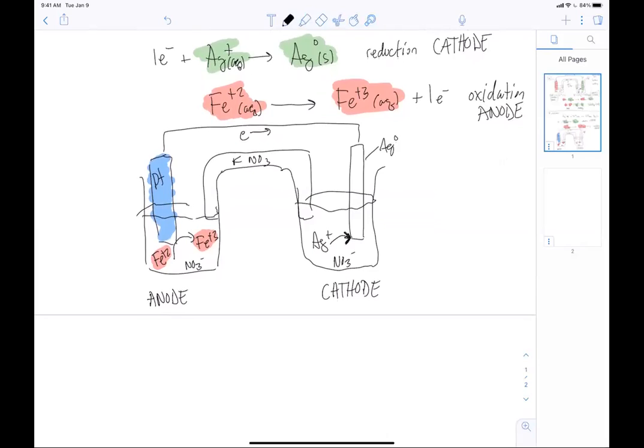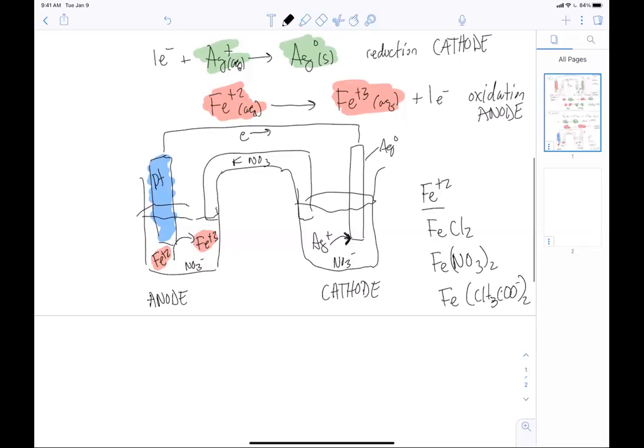Let's say you want to buy iron 2 because you're doing a reaction with iron 2. If you go on a chemical website like Sigma Aldrich, what you'll see when you look it up is you can't just buy iron 2. There are all these different salts of it. I can buy iron chloride, I can buy iron nitrate, I could buy iron acetate or something.